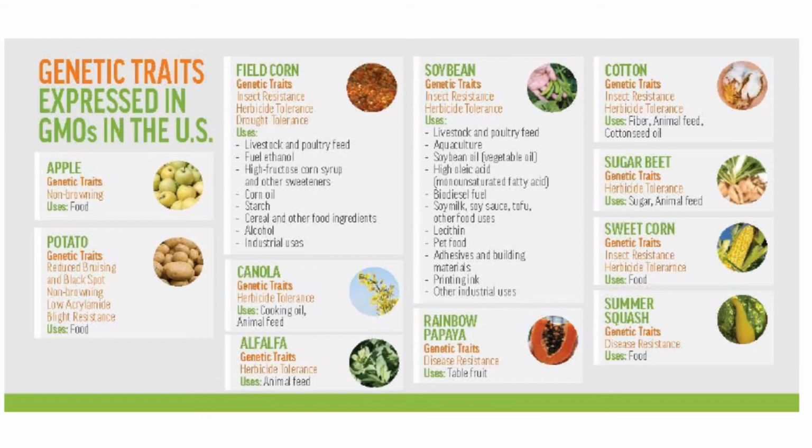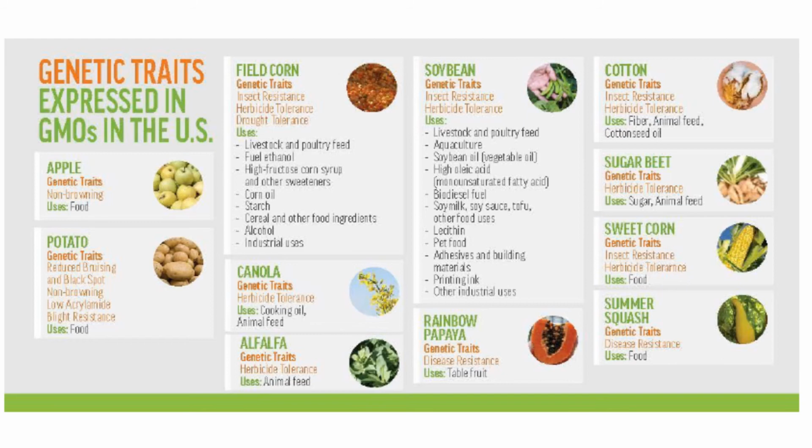We talked about that already. Herbicide tolerance, so that you can spray herbicides, basically killing off weeds in the area without worrying about killing off your corn. Drought tolerance, so if it gets dry, they don't die off as much. Various uses of it. Canola, herbicide tolerance, once again, so you can spray herbicide, so things to kill off weeds.